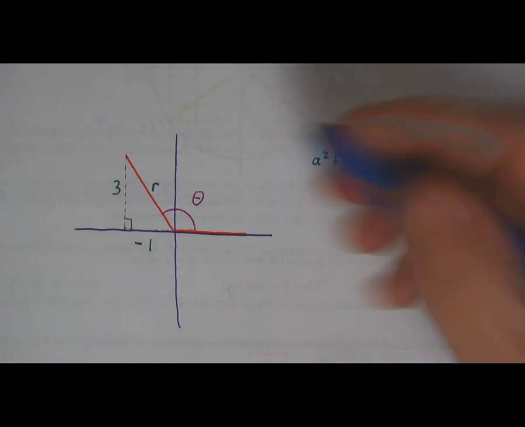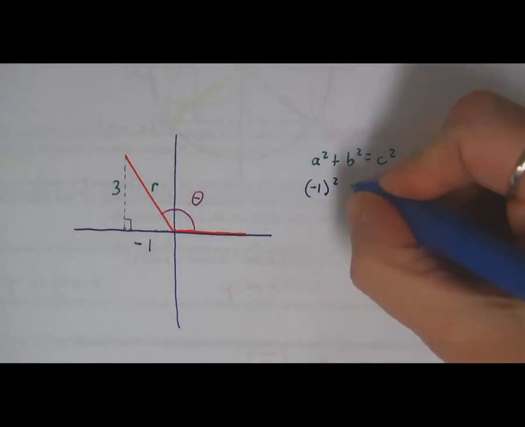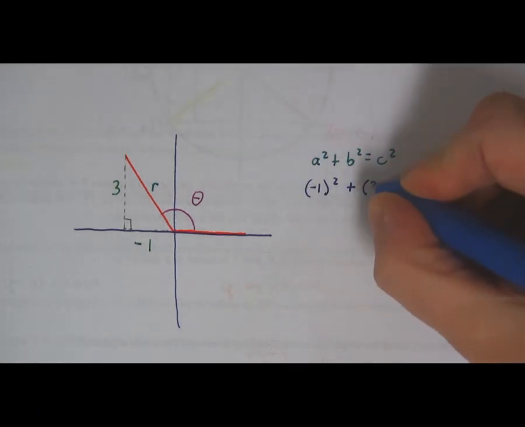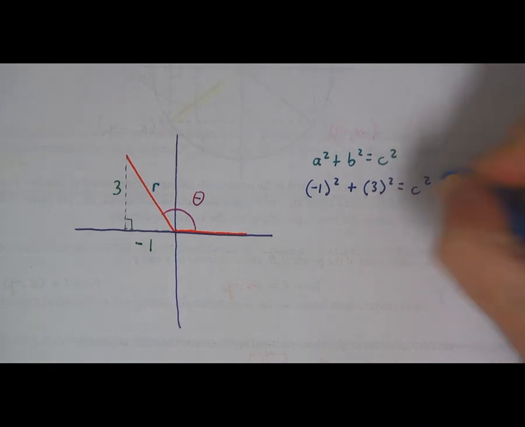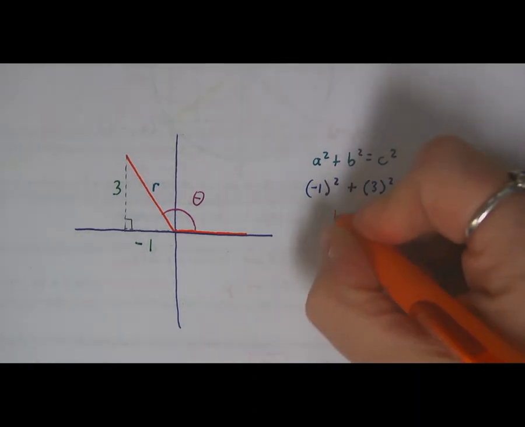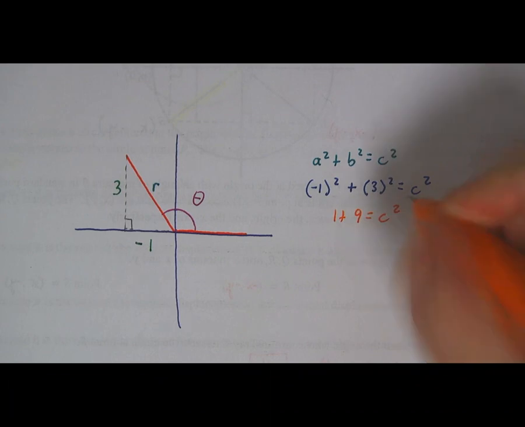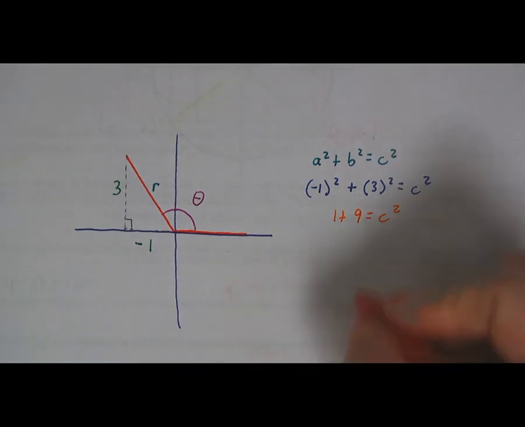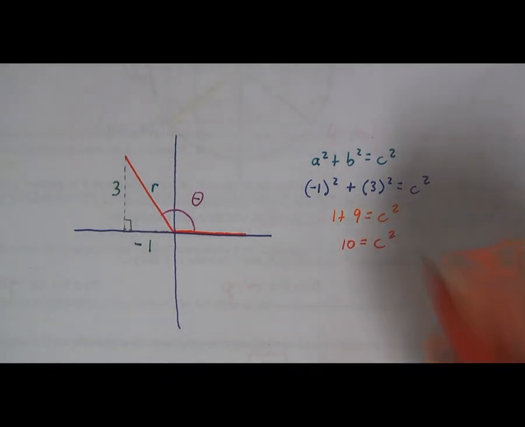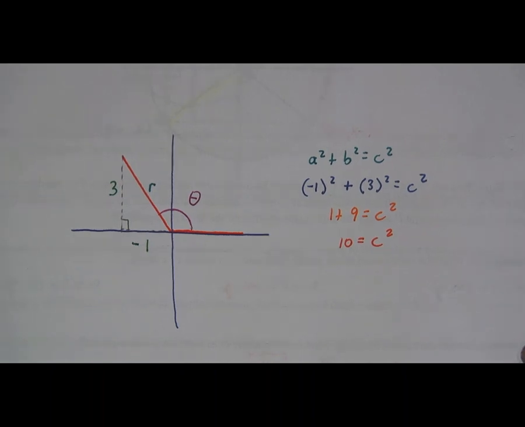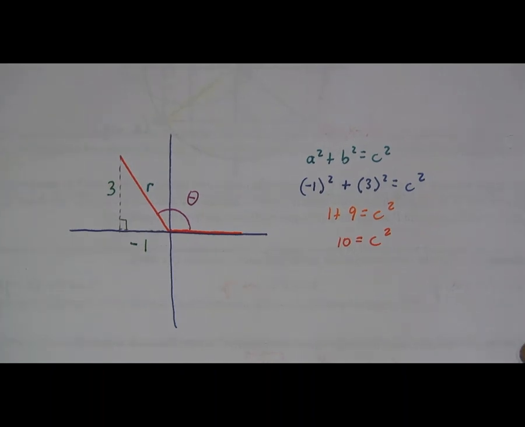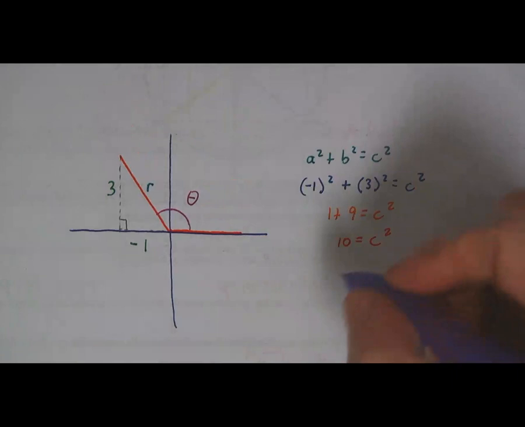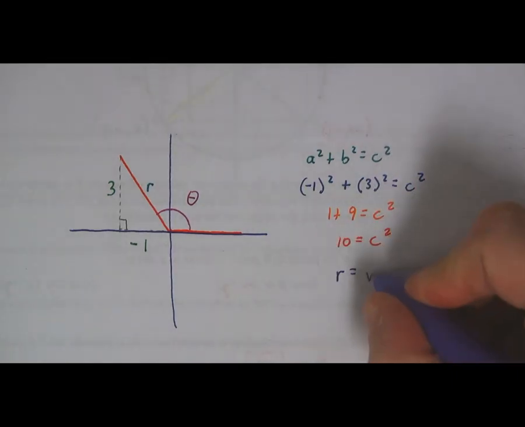So let's say negative 1 squared plus 3 squared equals c squared. That's 1 plus 9 equals c squared. That's 10 equals c squared. So the radius is going to be the square root of 10.